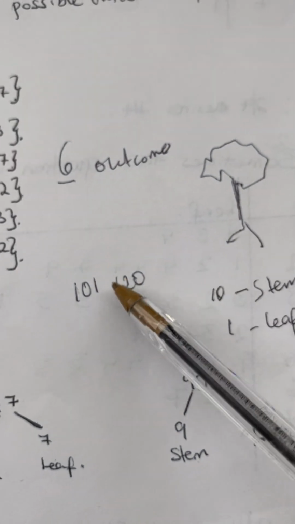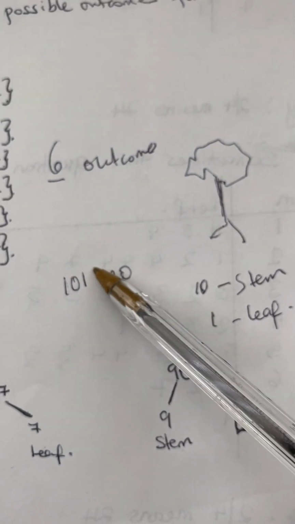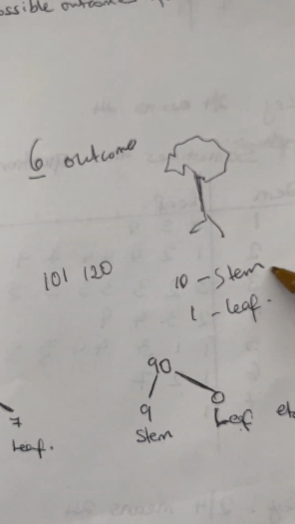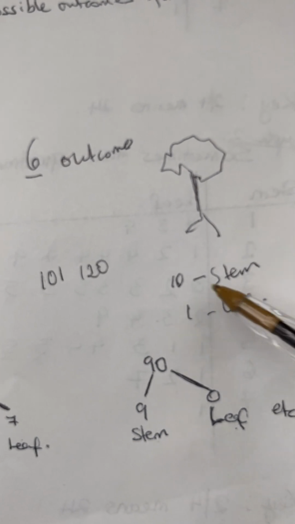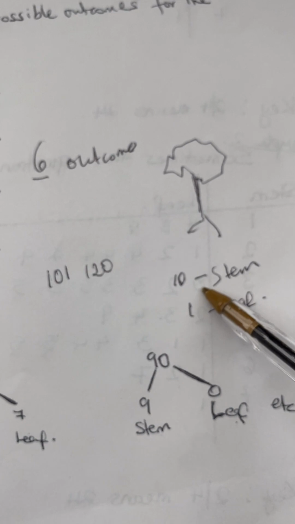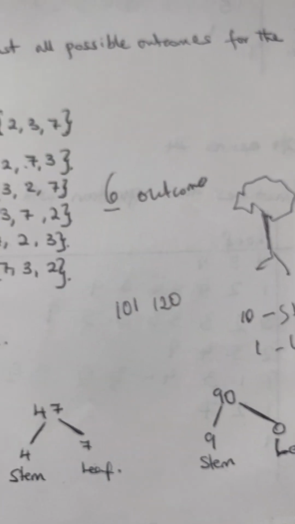If you have numbers in hundreds, you can put 10 as your stem and 1 as your leaf. So for 120, you can put 12 as your stem and 0 as your leaf.